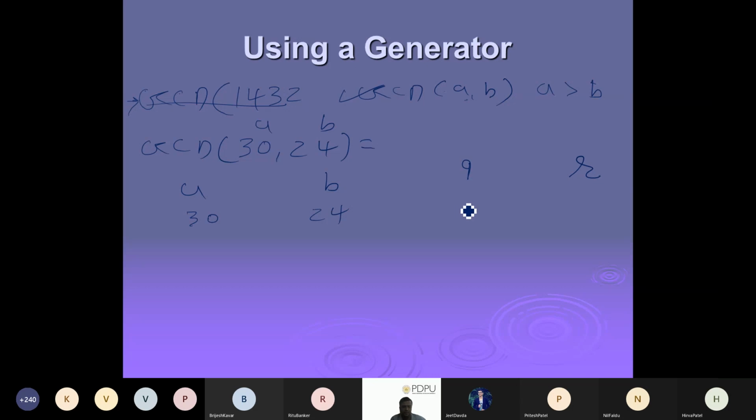Okay. So what is my quotient? It is 1. Okay. And what is my remainder here? It is 6. Okay. So next time this B becomes A. So it becomes 24. Okay. And what will my value be here, 1 or 6? Six.